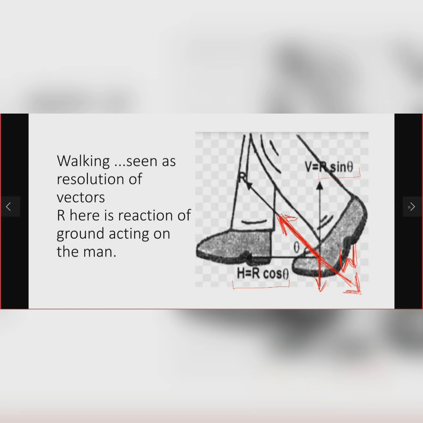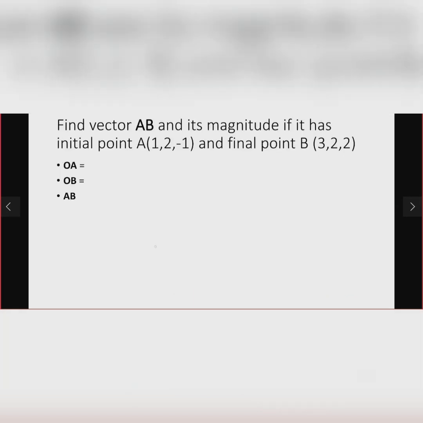Fine. Now let's discuss some basic numericals on vectors. Suppose you are given the initial point at which the vector is acting, that is point A, given as 1, 2, -1.